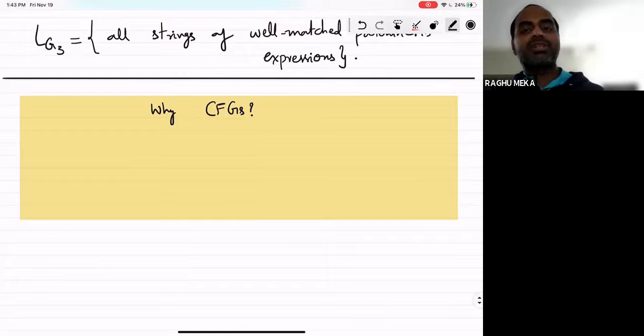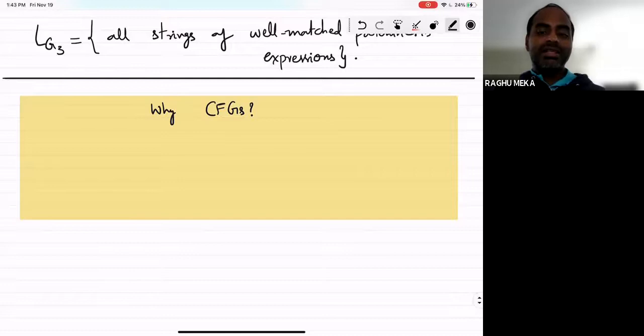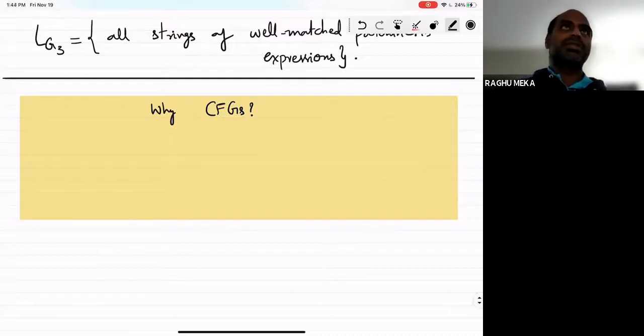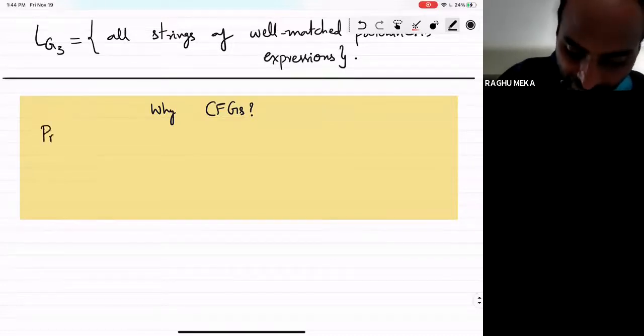Can I write down a set of rules which would generate all grammatically correct English sentences by using a context-free grammar? That's not quite possible, but at least for all programming languages, we can.